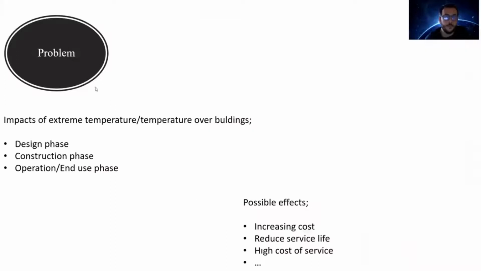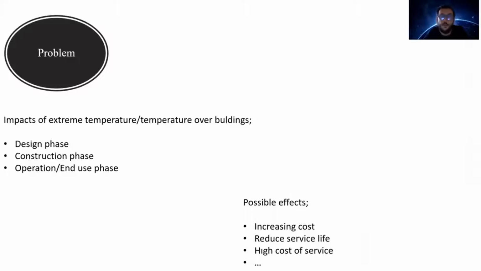So, what was the problem? What can cause extreme temperature over buildings? When we look at the 3 phases of buildings, the design phase, the construction phase, and the operation, or end-use phase, we can see the impacts of temperature in all these phases.